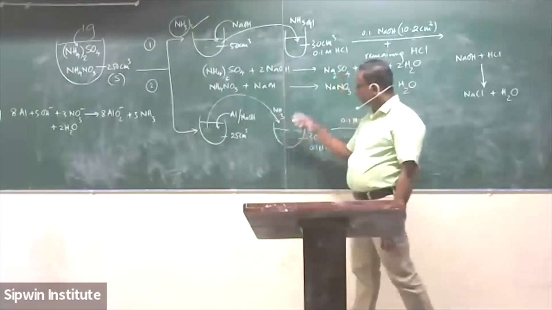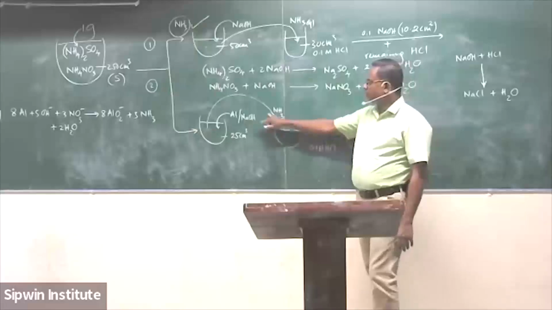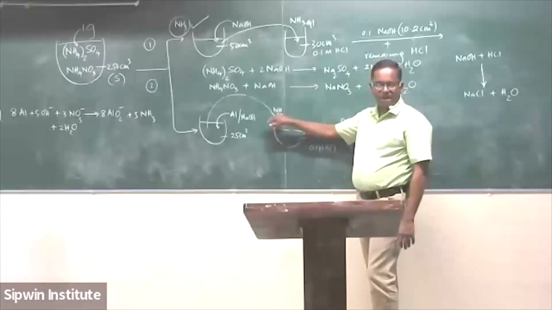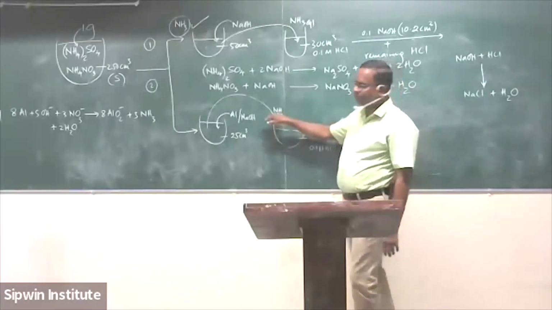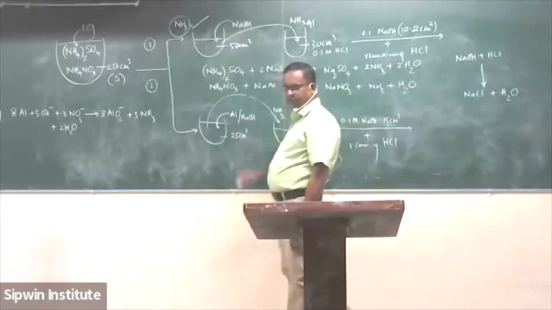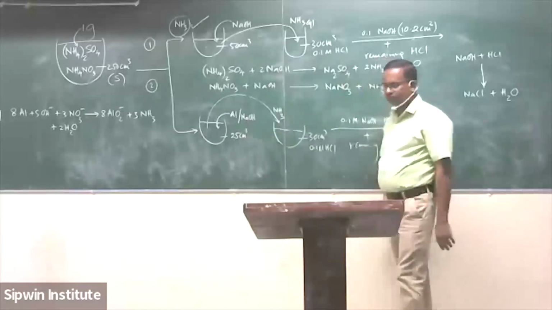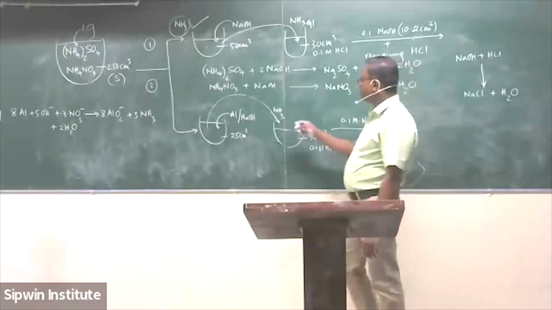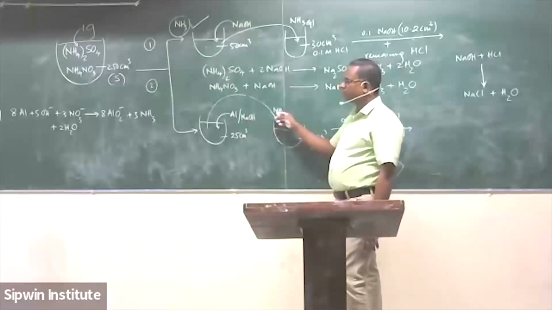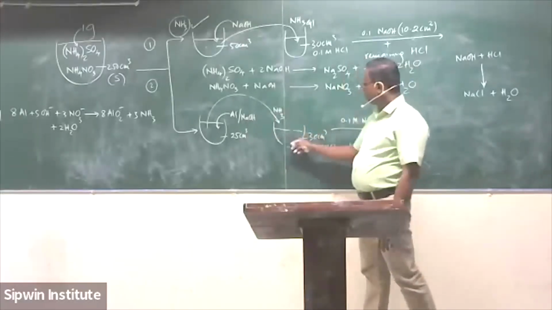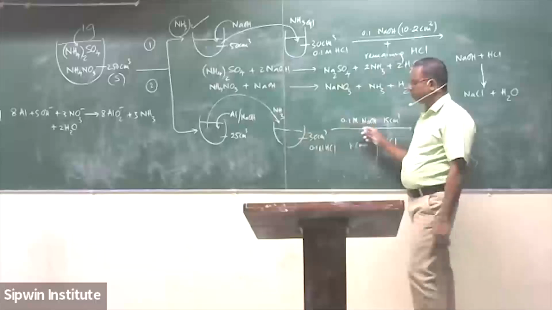Therefore additionally, the ammonia from the nitrate comes. Then you know the total ammonia now absorbed by the HCl.